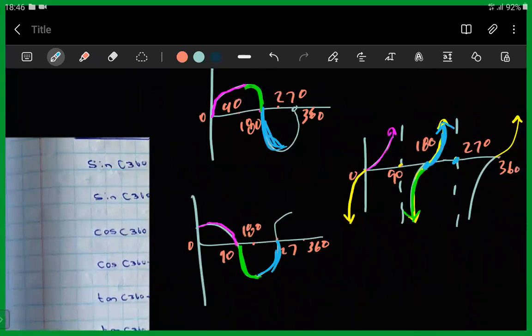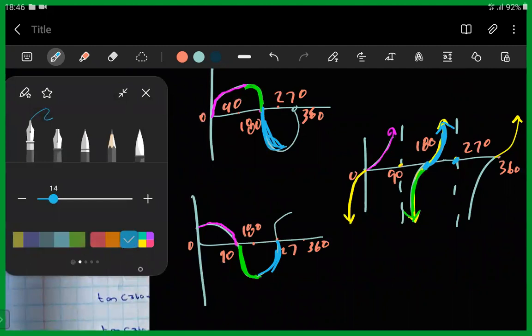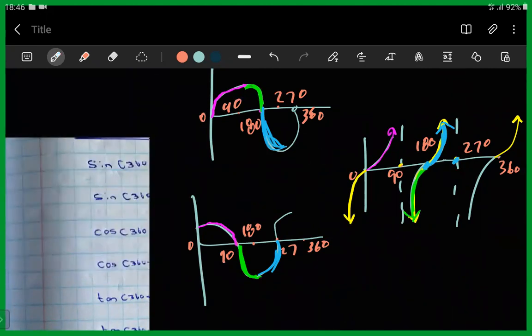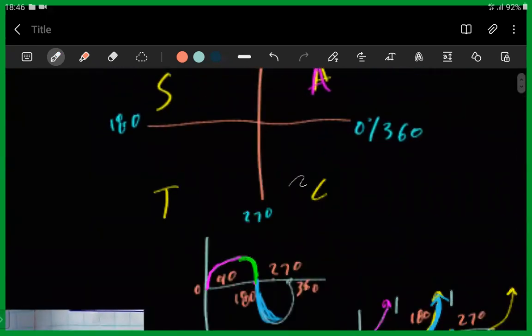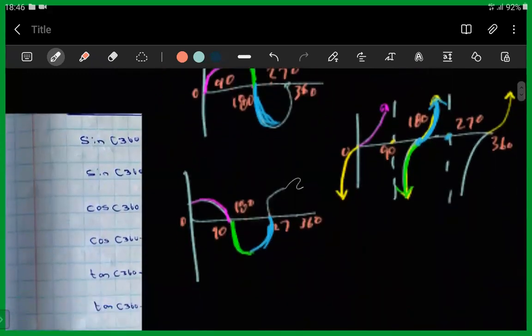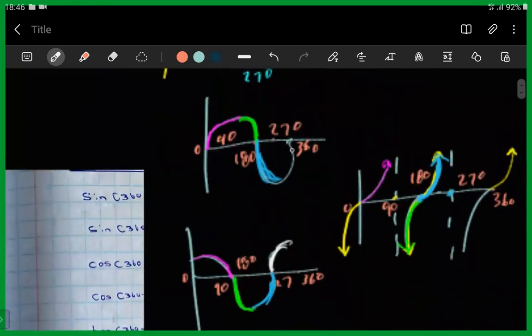And last but not least, the cos is the one that's positive from 270 to 360, positive Y values, the rest have negative. So as long as you can at least understand that, you now have an idea of what you're applying and what it's trying to tell you.